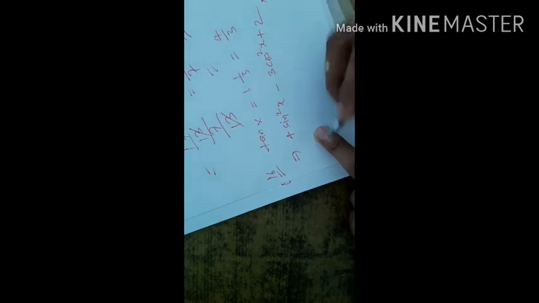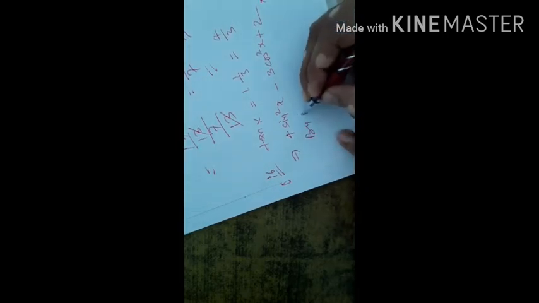So by using the Pythagoras theorem, you will find the value of XZ, and the value of XZ will be 5.